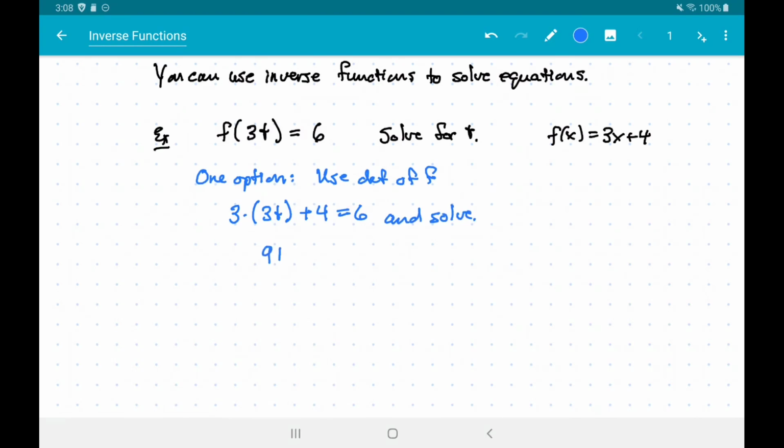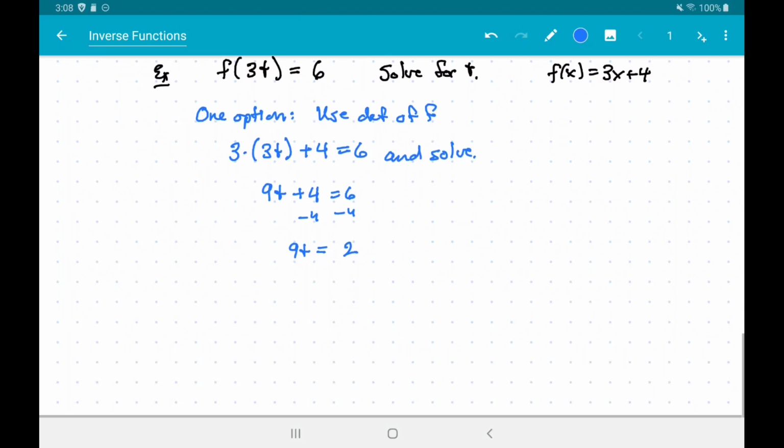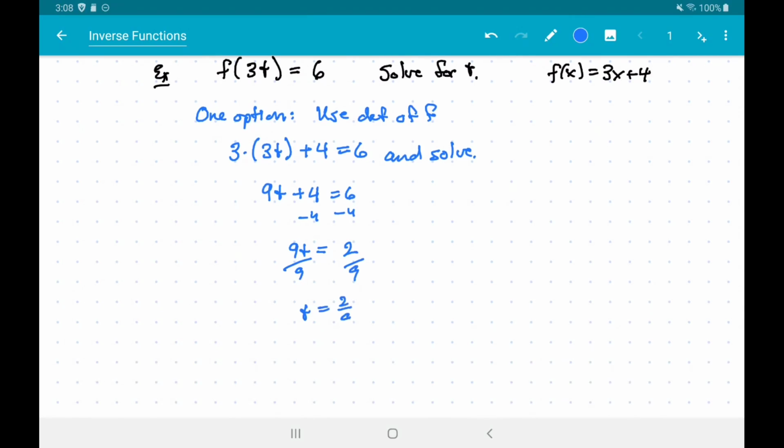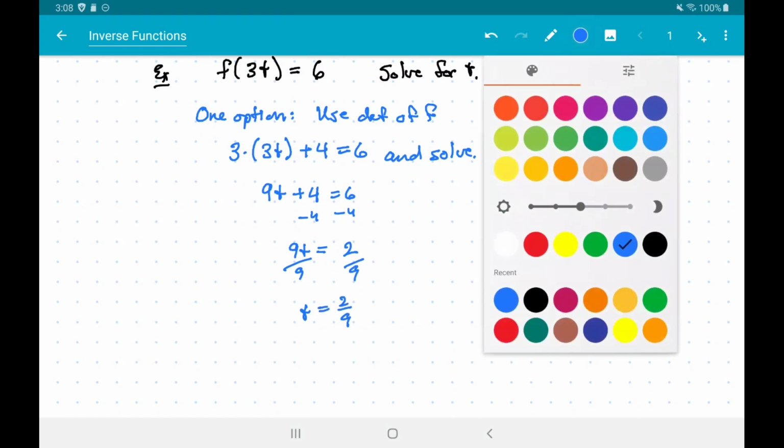That gives us 9t plus 4 equals 6. I'll subtract the 4 over. That gives me 9t equals 2. And now divide by 9, and that leaves me with t equals 2/9. Okay.